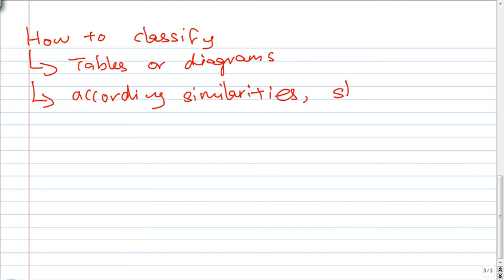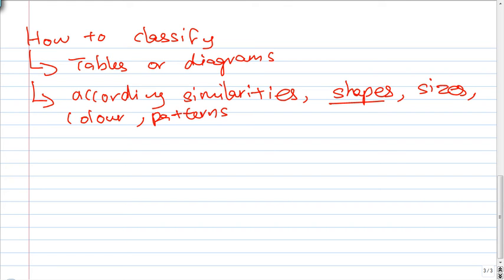Okay, shapes as one characteristic, sizes, color, patterns. So remember all this, we can classify objects according to their shape, sizes, color, patterns.